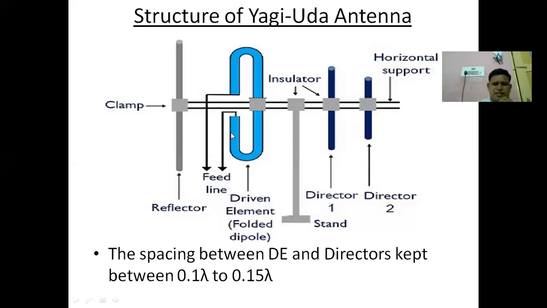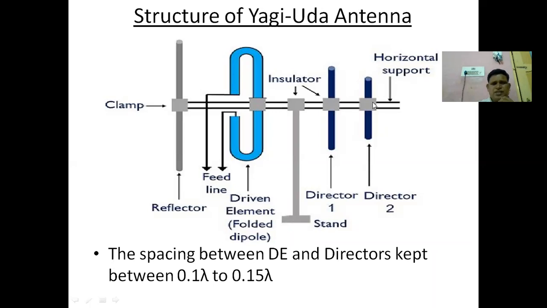This driving element is nothing but a dipole antenna or a special kind of dipole. Two dipoles are arranged in this manner. That's why it is called a folded dipole. You can say this element is called a folded dipole antenna. And these are the directors.